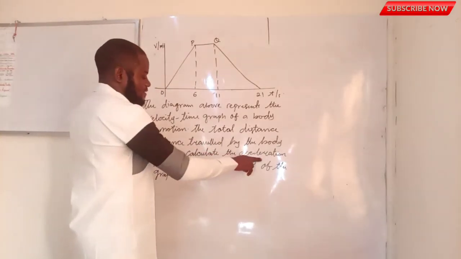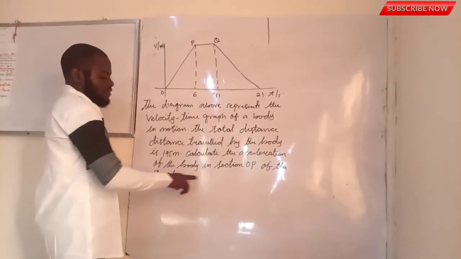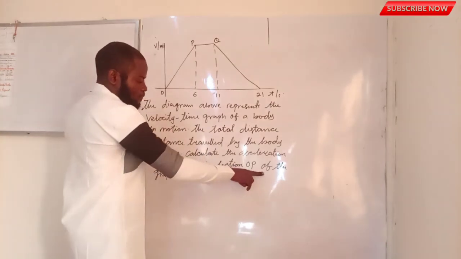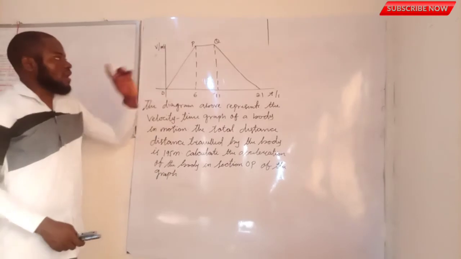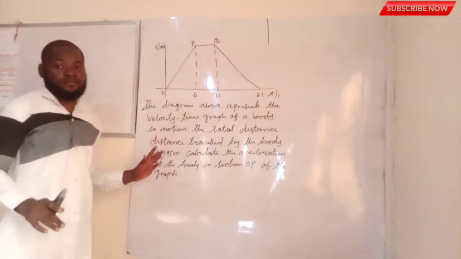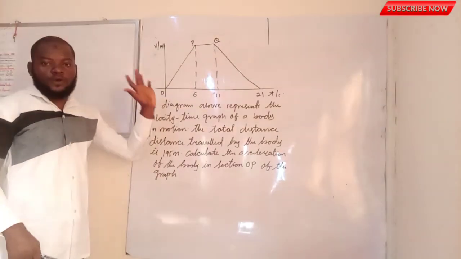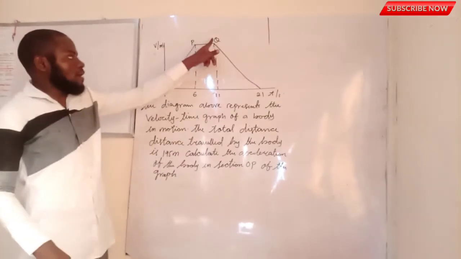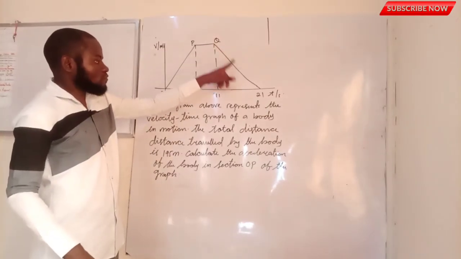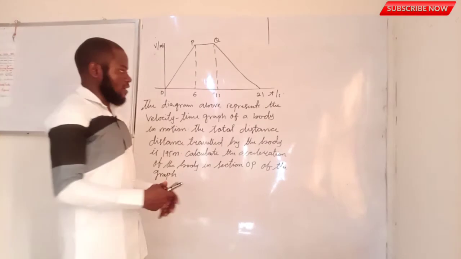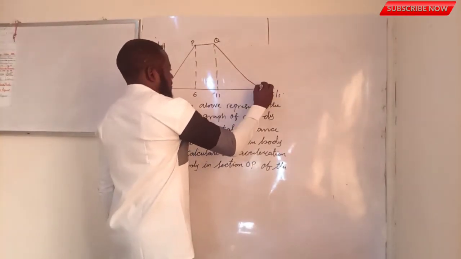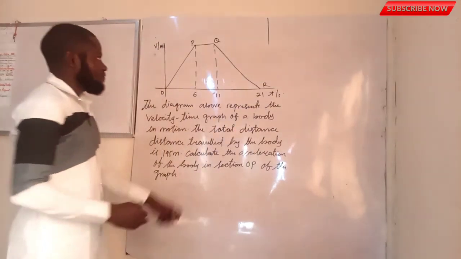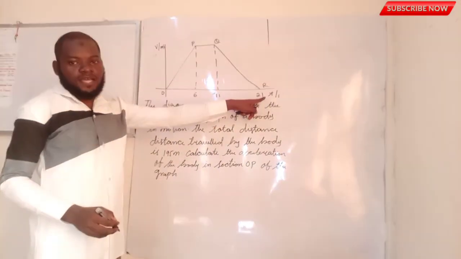Calculate the acceleration of the body in section OP of the graph. This is the section OP, and that's the only time the body accelerates, because in PQ the body is moving with a constant speed. Let's give this one R. So the body moves from Q to R. Are you getting this now?